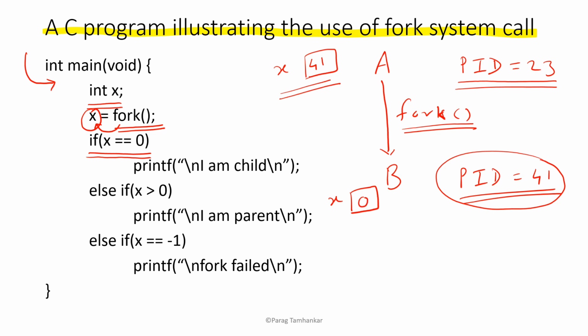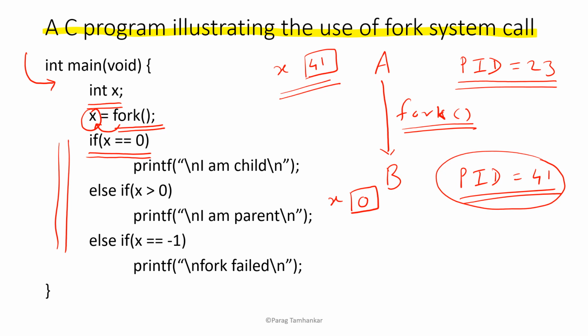So the child's X, that is B's X, will be 0, and the parent's X, that is process A's X, would be 41. Then this code will be executed by A as well as by B.